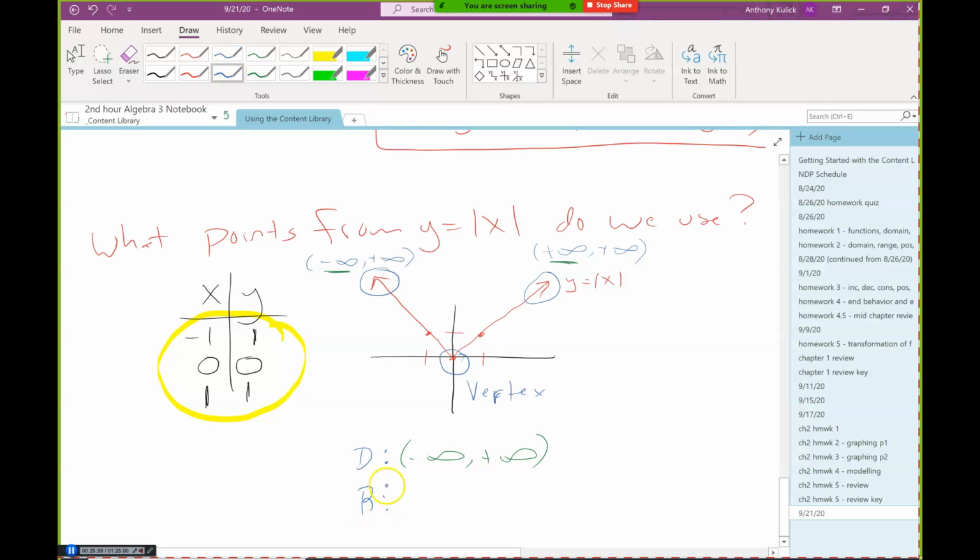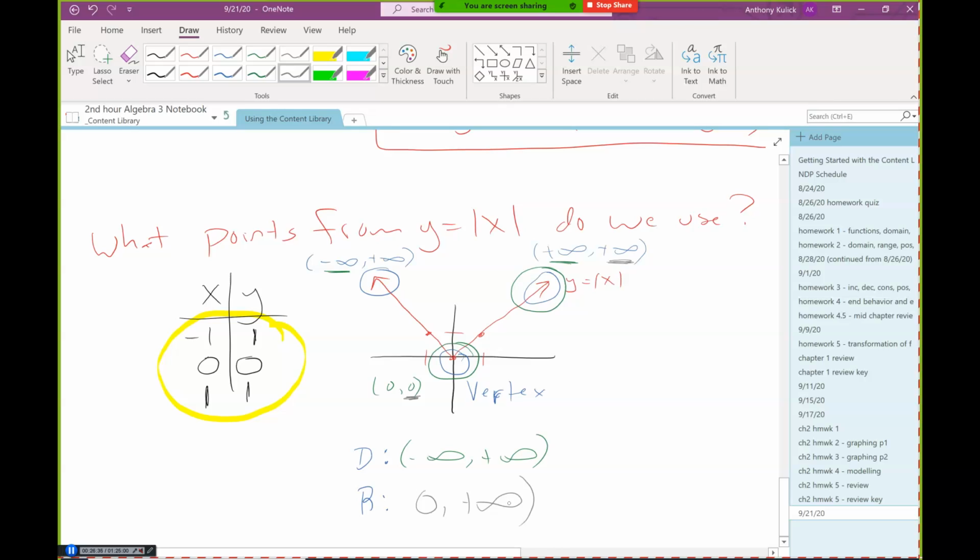Similarly, let's think about the range. For the range, we're going to identify the lowest point, which is here at the vertex 0, 0. And we're going to identify the highest point, which, well, either end is the highest point, so it doesn't really matter. Let's pick the right arrow. I notice that these two arrows are connected, so my range is just going to go from the lowest y-coordinate to the highest y-coordinate. So that's 0, positive infinity.